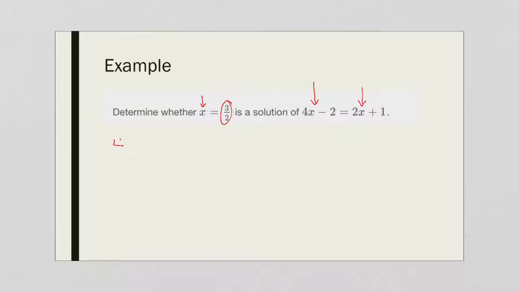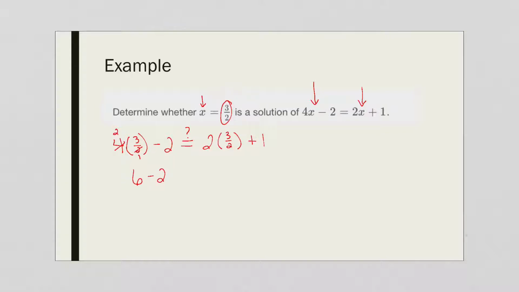So I've got 4, and instead of x, I'm going to put 3/2 minus 2, and I'm going to see if that equals, so I'm going to put a question mark because I don't know if it equals yet right now. 2 times 3/2 plus 1. So 4 times 3/2, 2 will go into that once, 2 will go into that twice, 2 times 3 is 6.